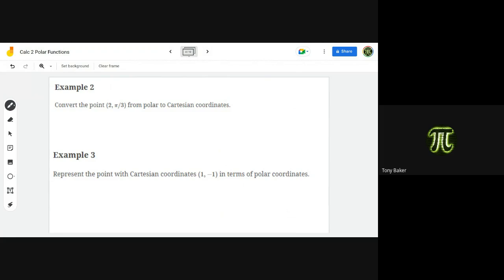All right, so let's look at a couple, just switching them back and forth so you can see how that works. So I've got (2, pi over 3), and I want my XY coordinate.